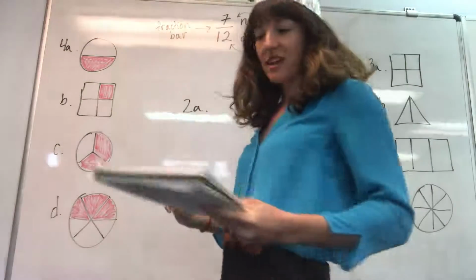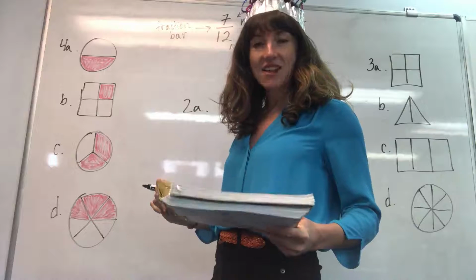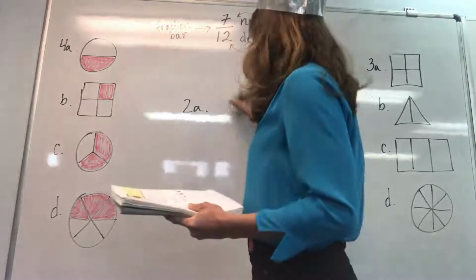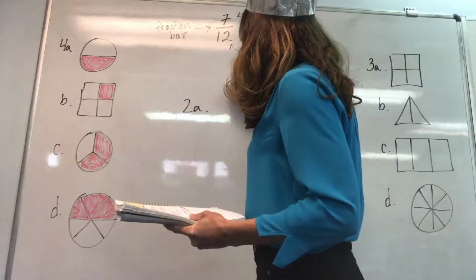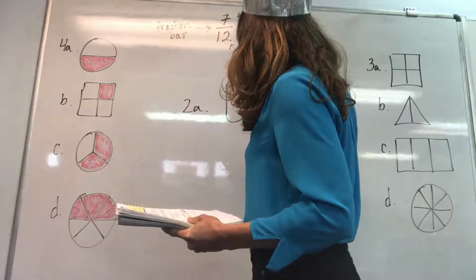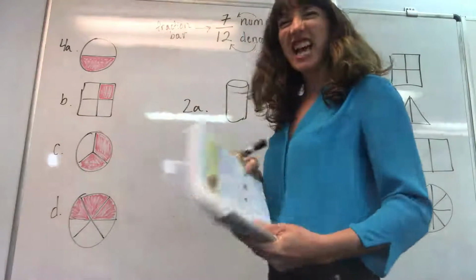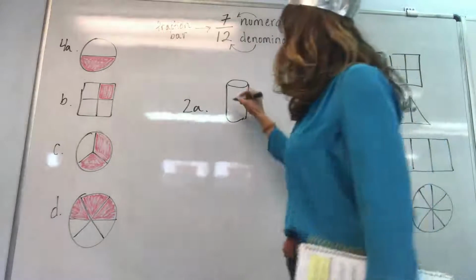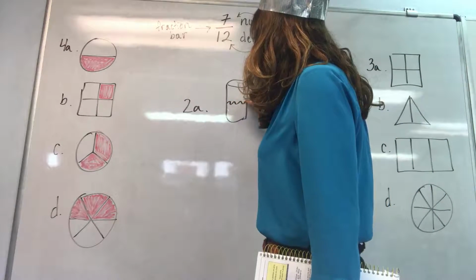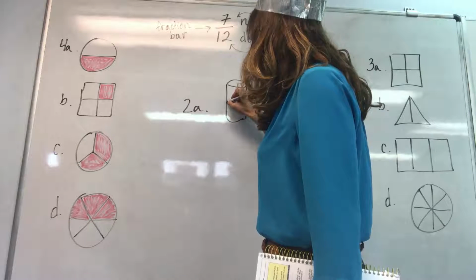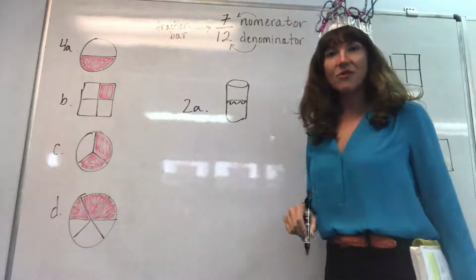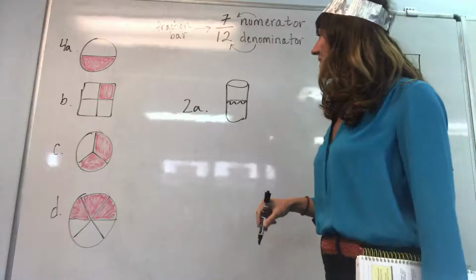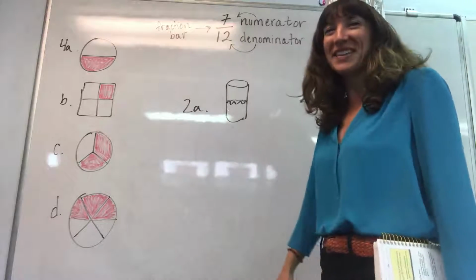2A. They want a glass of milk with only half left. Does anybody miss art with Miss Caitlin? It's kind of a silly class, wasn't it? She's always like, do it again, do it again. All right, that's my half full glass of milk. I don't know why it's waving around.